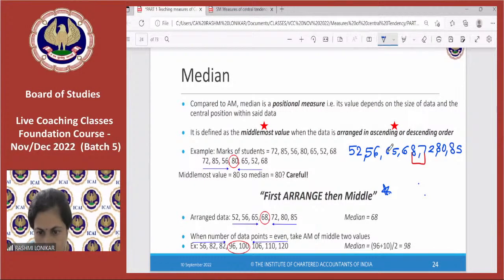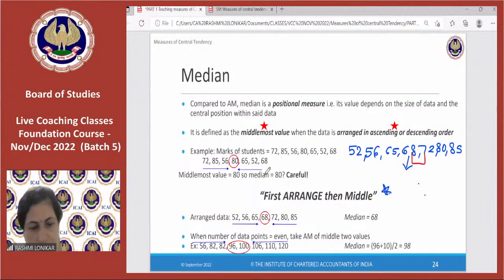Okay, 1, 2, 3, 4, 5, 6, 7. Once I have done that, 1, 2, 3, 4. So in this case, 68 is the centermost value, and so I got that as my median. Okay. So here I have shown you, we have arranged the data and then we have done it.